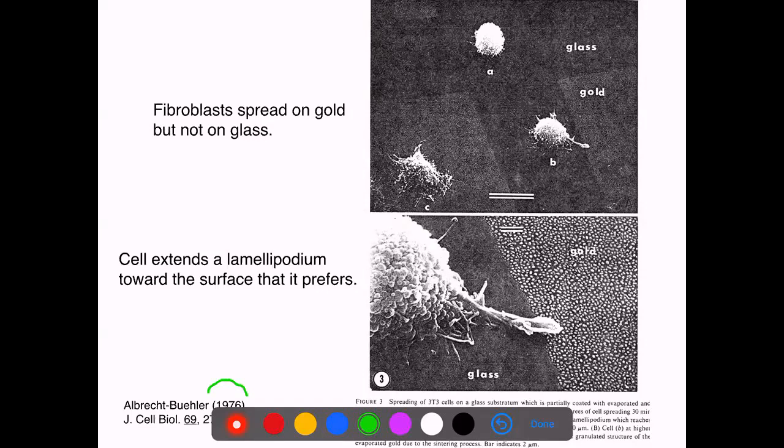You have a glass microscope slide, and then you put tape around it. Something like this. And then on here, you spray the gold around. It will saturate the surface of this area.